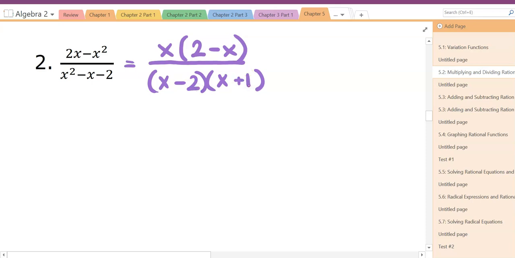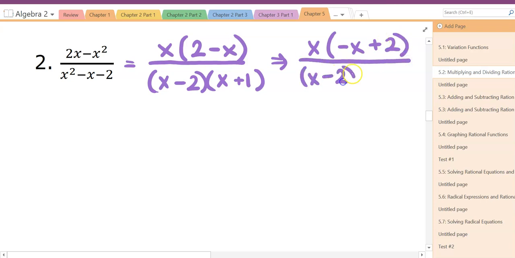Now I am going to do a little bit of manipulating here. I would really like to get this 2 minus x to switch so that it's x first and then the 2. So if I do that, I have x times negative x plus 2, all over still that x minus 2, x plus 1.